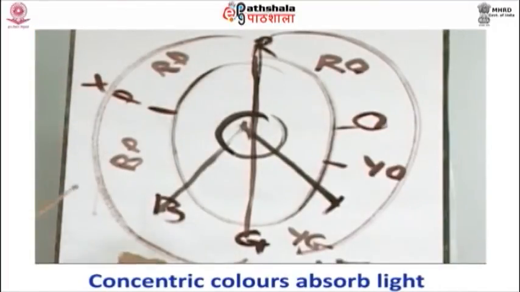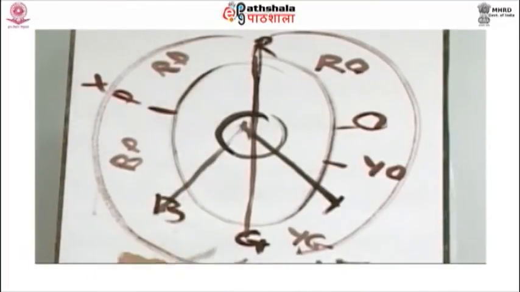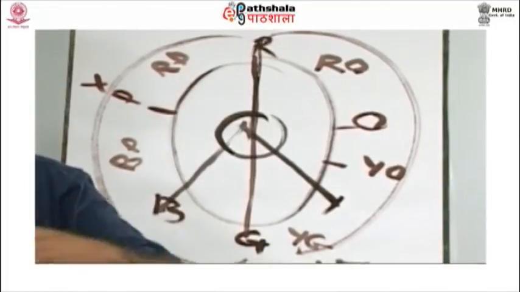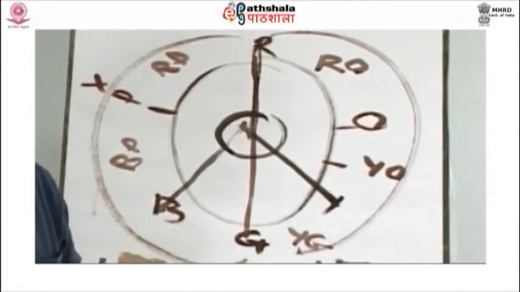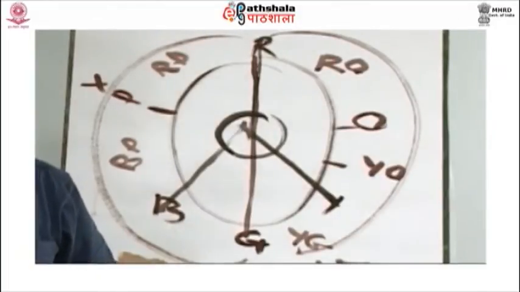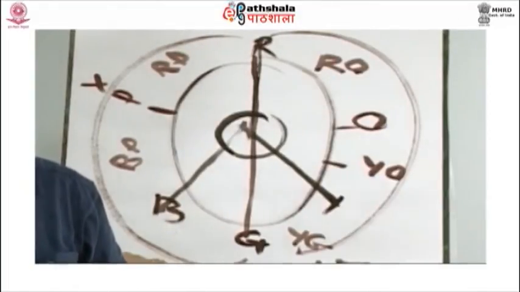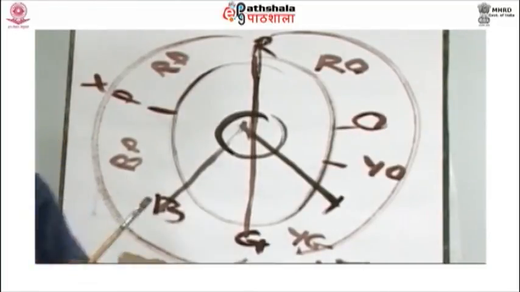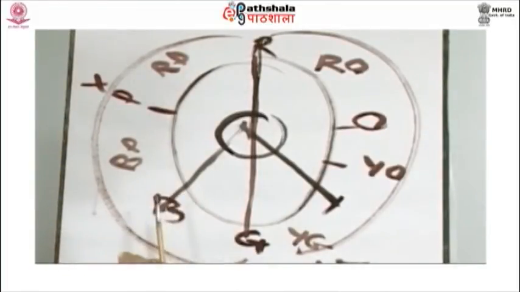Concentric colors absorb light. For example, red. Eccentric colors come towards us and we do not need to travel towards them. They catch your attention. On the contrary, concentric colors will pull you towards them.